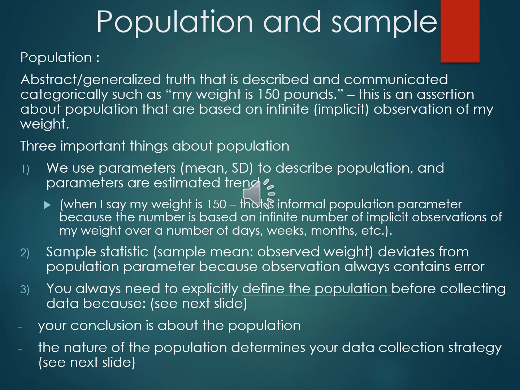So in the previous slide, we talked about inferential statistics and how it works in a very general way. One of the most difficult things that students usually experience about inferential statistics is the meaning of the population and how it's different from sample. So here in this slide, that's what we want to talk about.